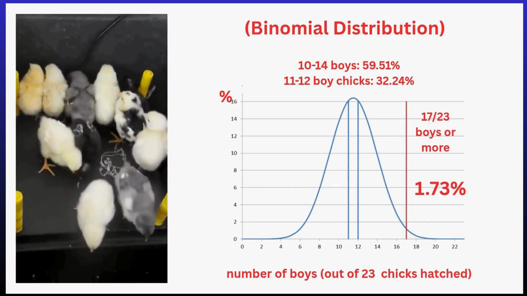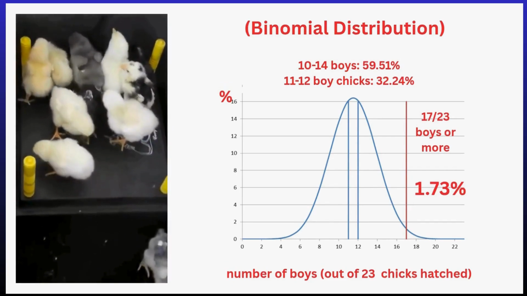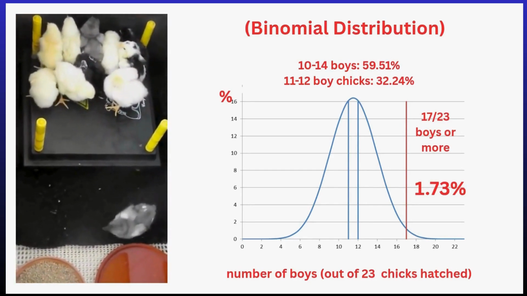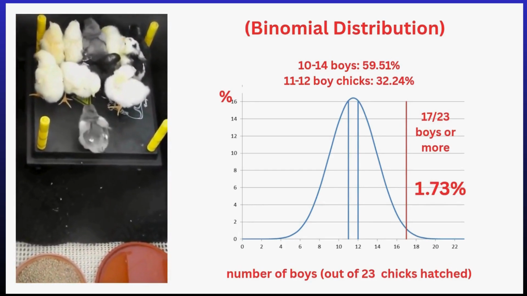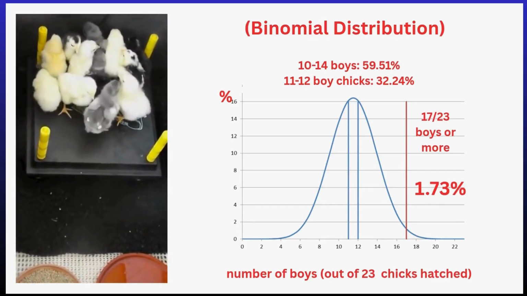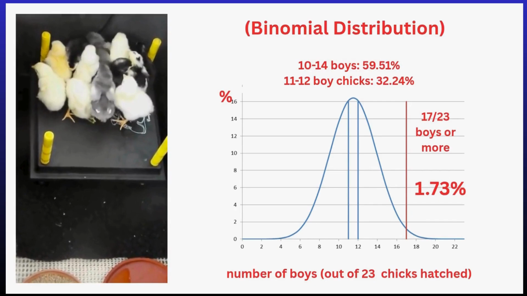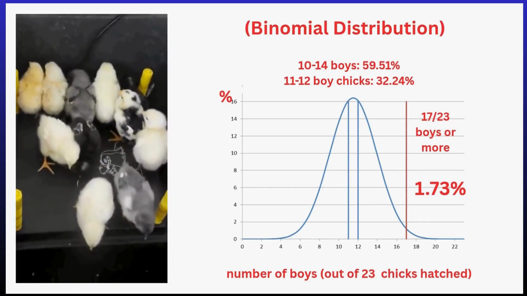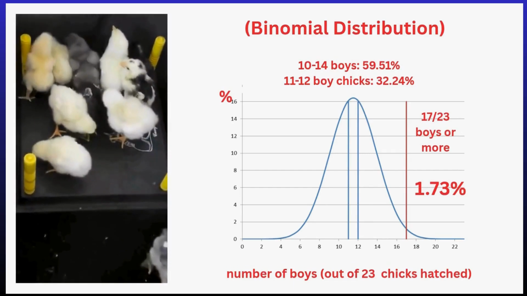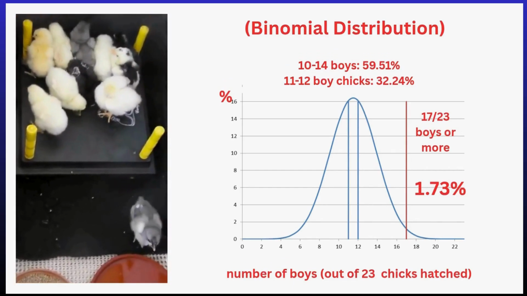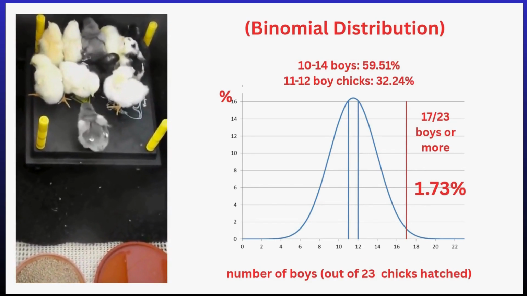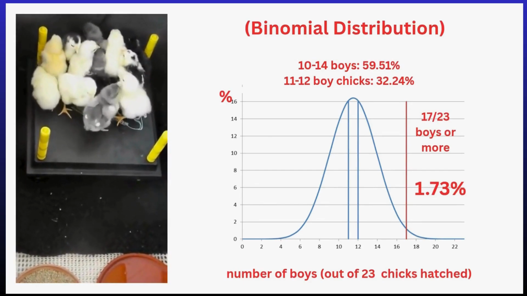For a hatch of 23, there's a 59.5% chance that 10 to 14 of them will be boys. You can see there is just a small percentage chance of there being 17 or more boys in the same hatch. It's a small chance, but not zero, so someone eventually will probably have similar results to me, given how many chicken breeders there are in the world.